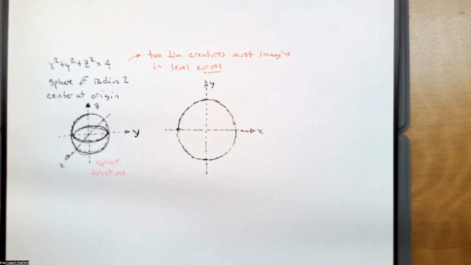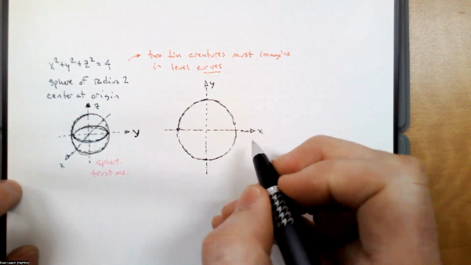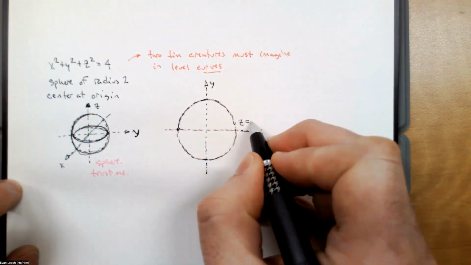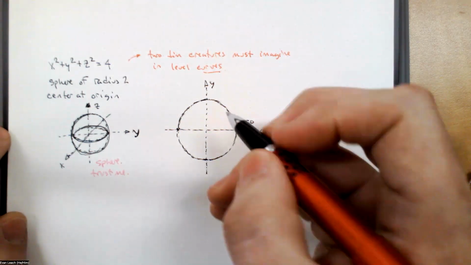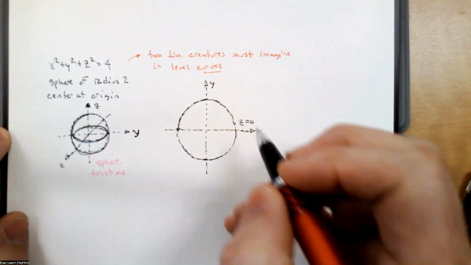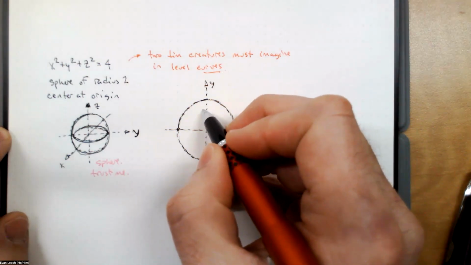And they can say that's what it looks like when Z is equal to 0. And then as Z goes up, we get smaller circles until we get to the top. So Z is equal to 1, we'll get a smaller circle.